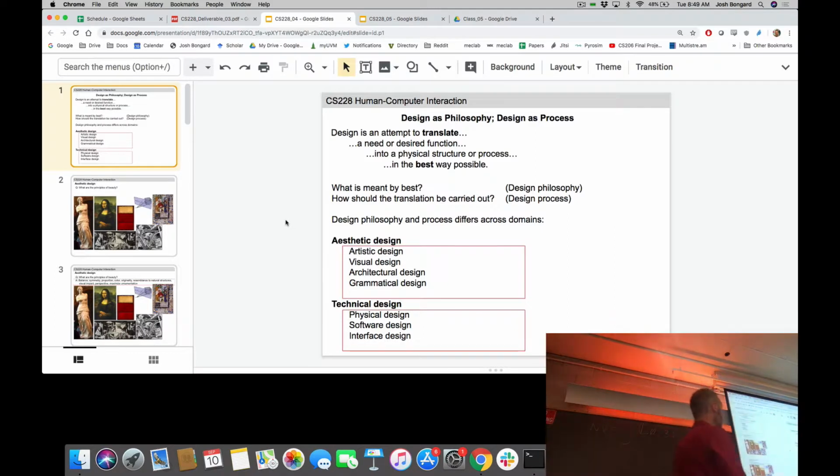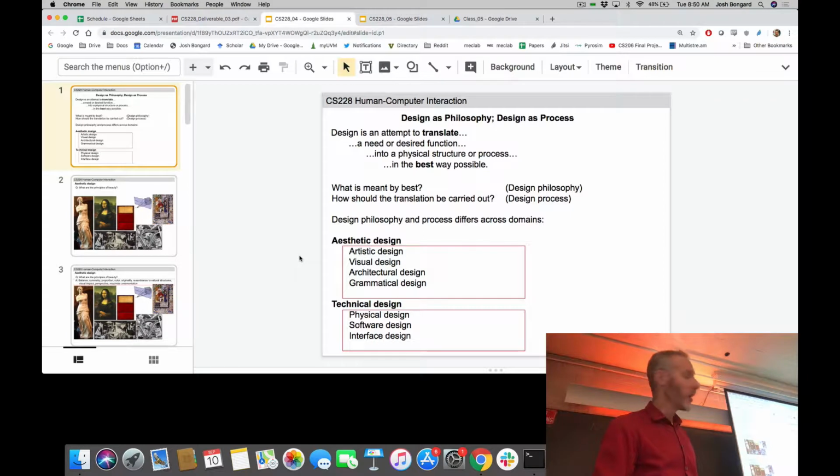We're going to have a look now, very briefly, at design philosophies and processes across lots of different domains. We're going to start by looking at the most subjective domain, which is the artistic or aesthetic domain, where there are little to no constraints on how we carry out some need, perhaps on the part of the artist, into a finished painting or sculpture or what have you.